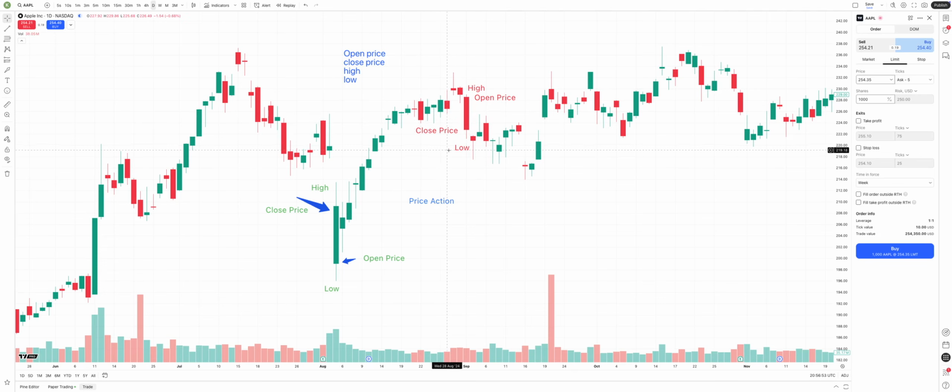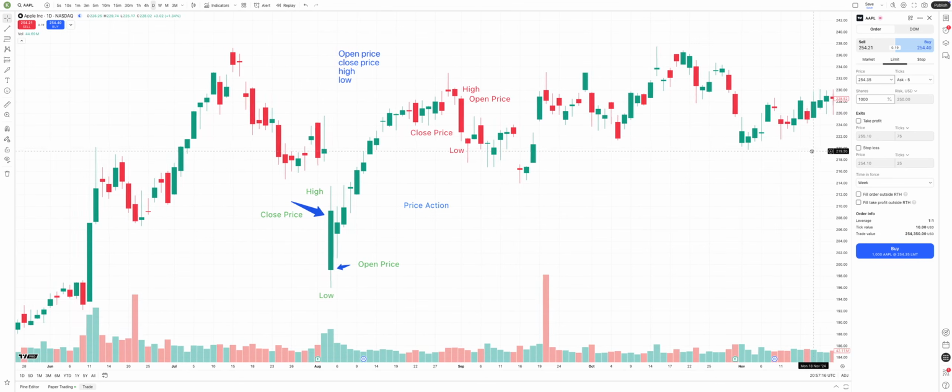Now, the actual price is outlined here on the right of your chart. You can also change the currency in the top right corner, keep it USD obviously, but you can see the current price here on the right. You'll notice that there's a green box, a green 229 here. That actually indicates the closing price of the candlestick farthest right.